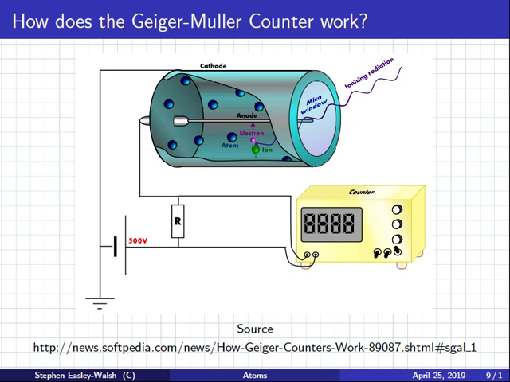The radiation hits the atom and makes an ion, and the electron is released. What's the atom?